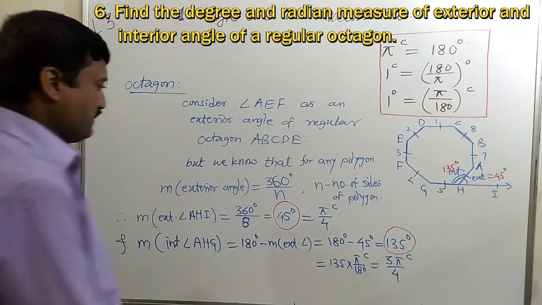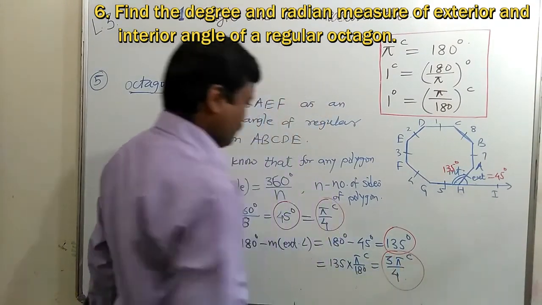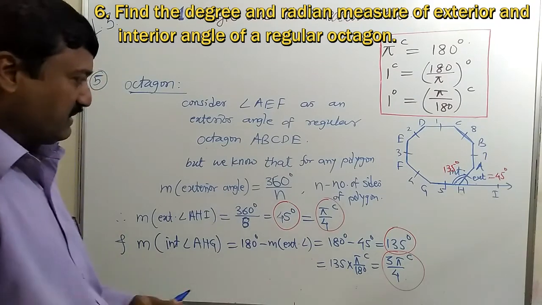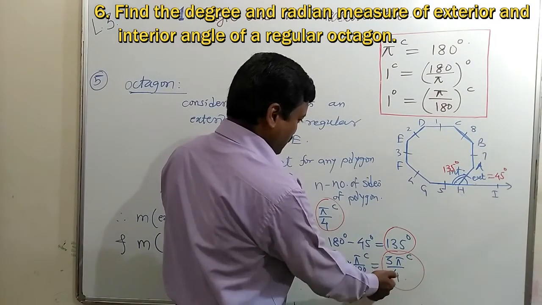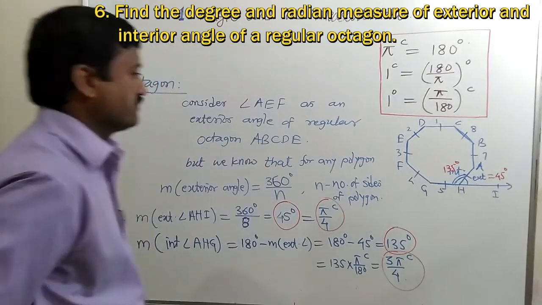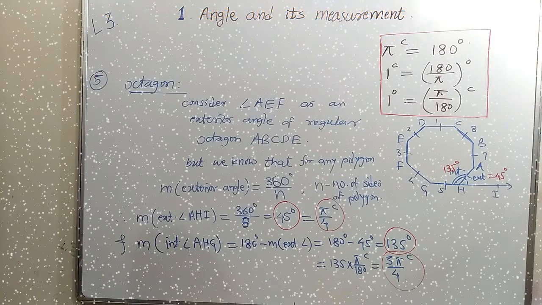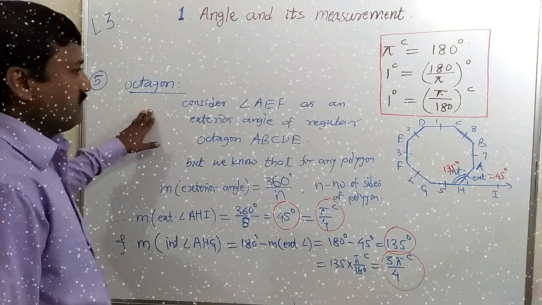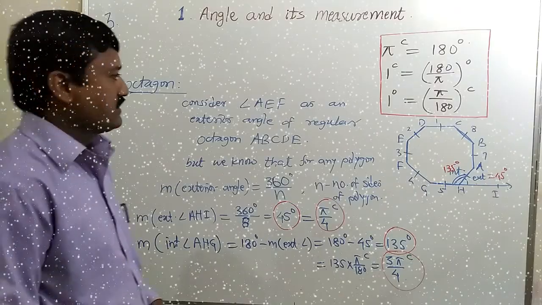In radian measure, they are pi by 4 and 3 pi by 4. Their sum is again 180. 1 by 4 plus 3 by 4 is 1. So the sum is pi, that is 180 degree. So this is the way to find the measures of exterior and interior angles of such polygons.